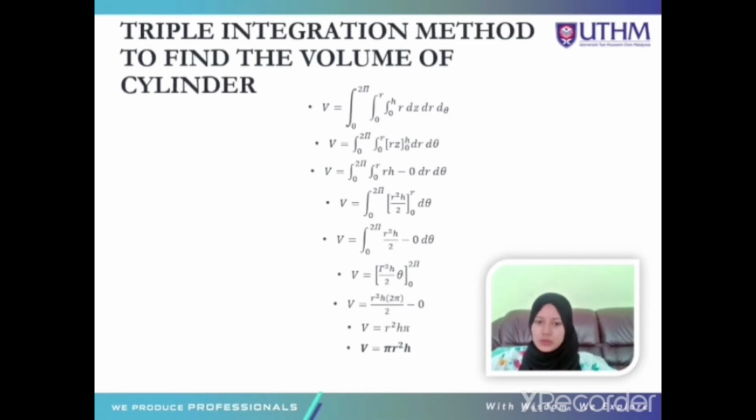We substitute 2 pi and 0 into theta, then we get R squared h in bracket 2 pi over 2 minus 0. Then we get the integration of volume is R squared h pi, and we rearrange it, then we get volume pi R squared h. So this is the volume of the cylinder where we use the triple integration method.